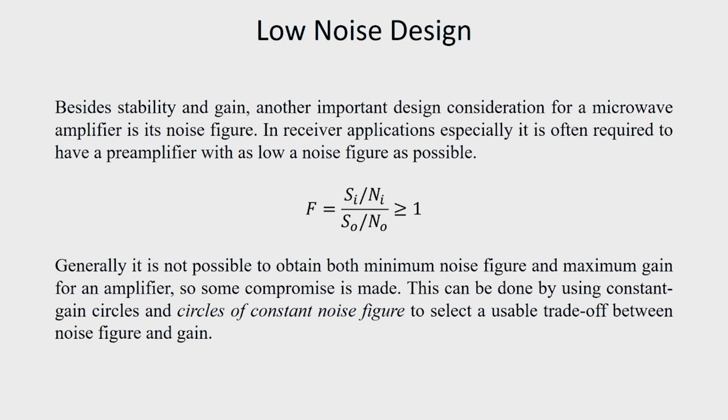Some compromise is made where we operate the amplifier at slightly reduced gain to achieve a specified noise figure, and this can be done by using constant gain circles and circles of constant noise figure to select a suitable trade off between noise figure and gain.